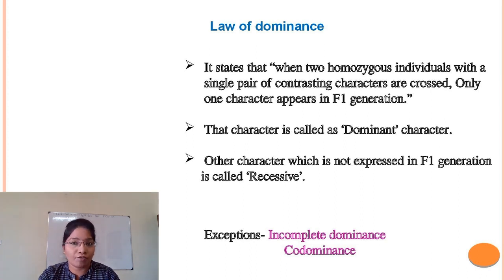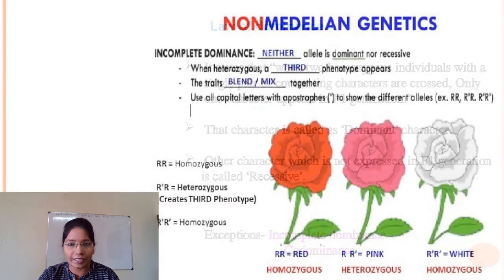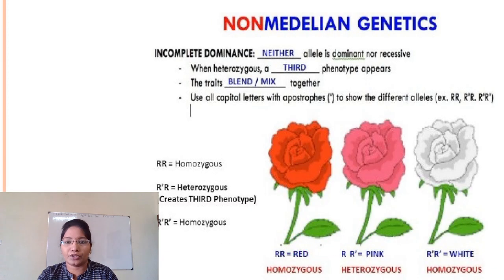But I have already told you that there are some exceptions such as incomplete dominance and codominance. Both incomplete dominance and codominance do not follow Mendelian inheritance.